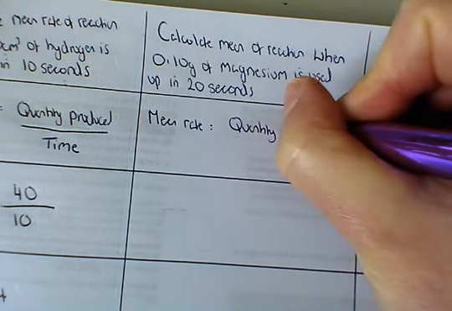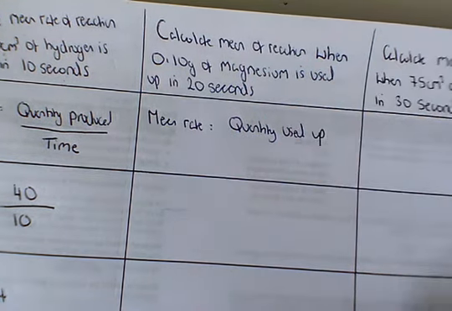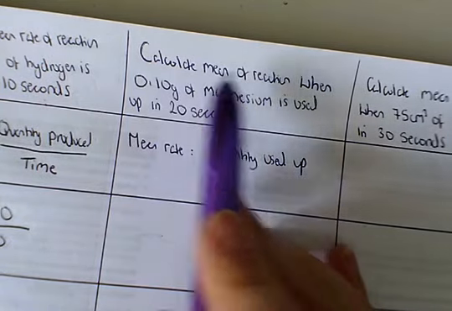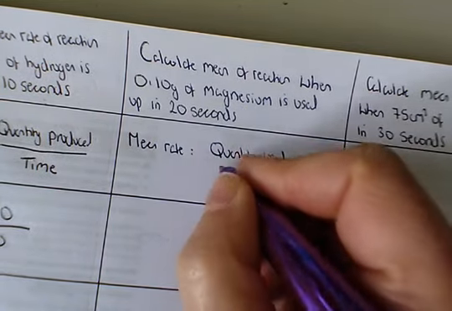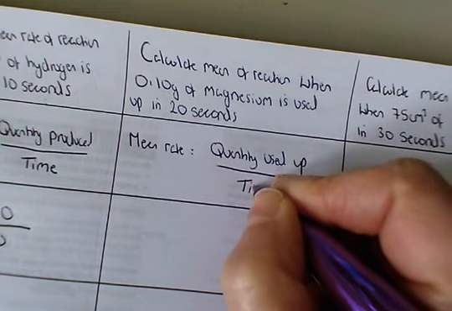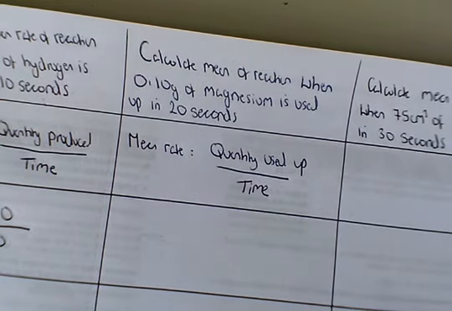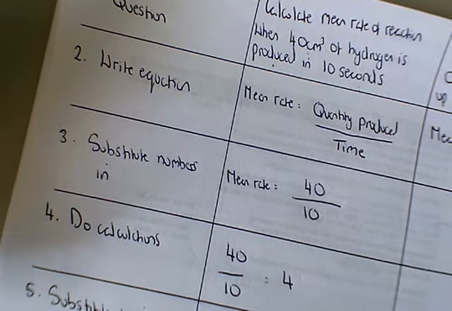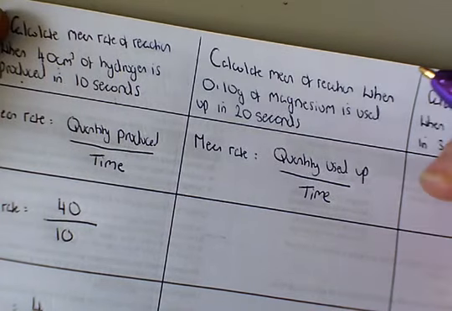This is actually used up this time because it says it in the question. So it's actually the quantity of my reactant used up divided by time. I'm going to make sure then I substitute the numbers in, reading the question carefully, so I substitute the right numbers in the correct way.